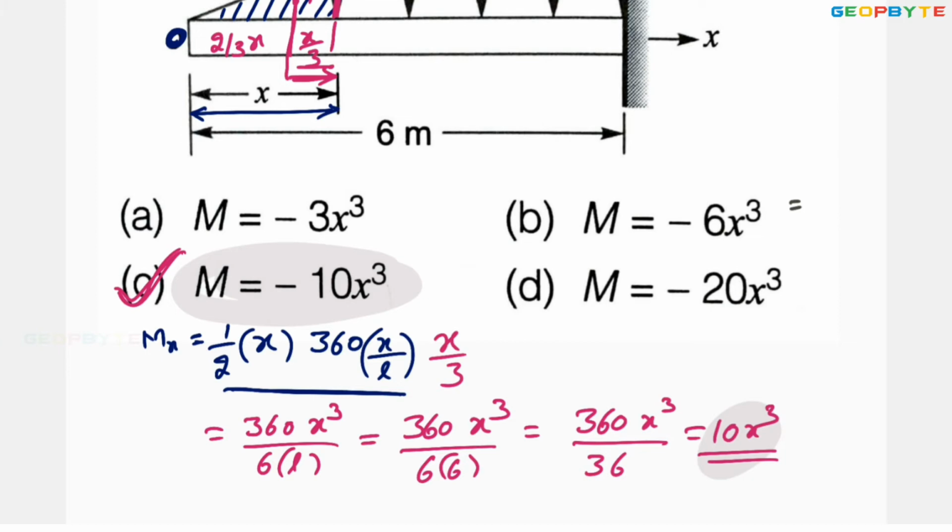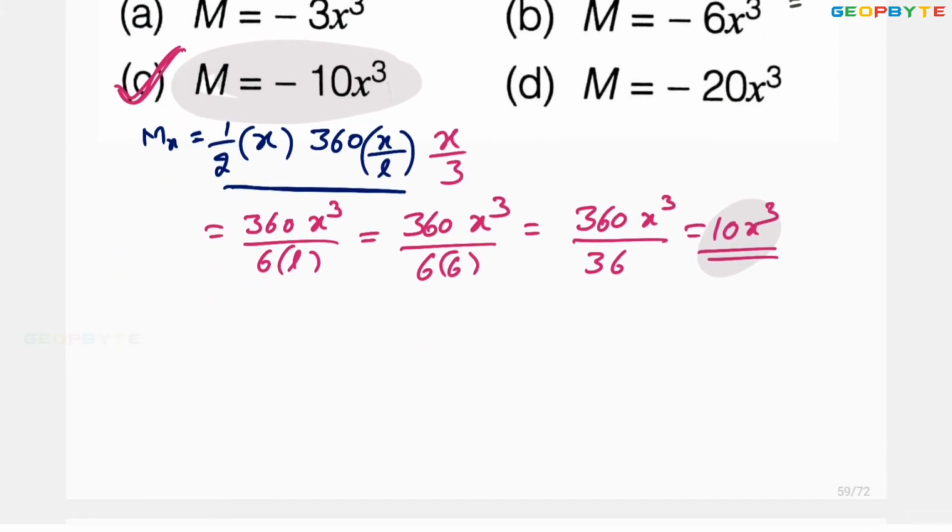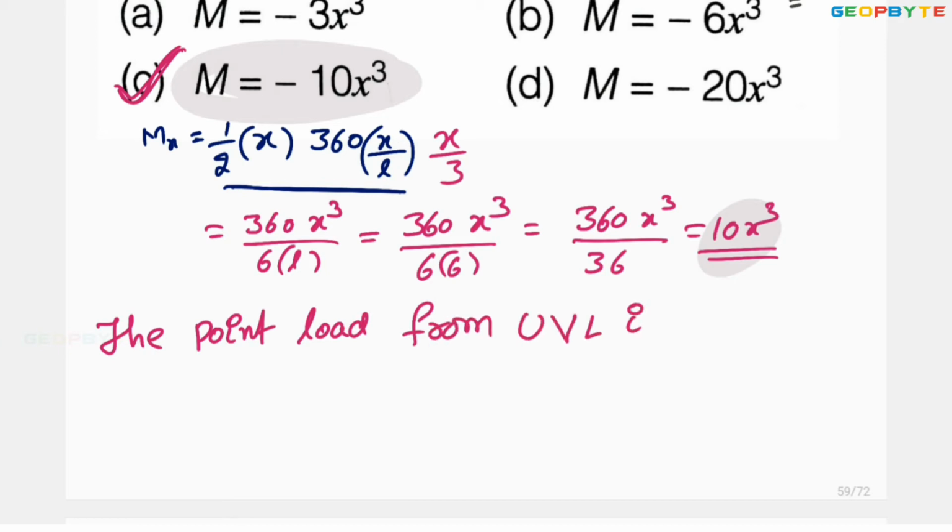Once again, let me write clearly. The point load from the UVL, uniformly varying load, is obtained by taking the area of the triangle.